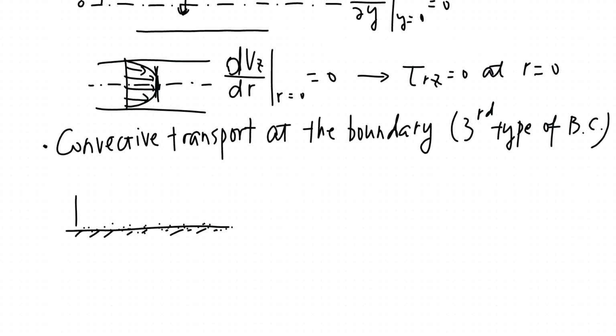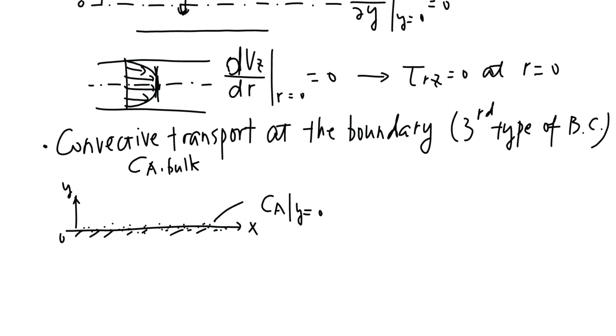Now this is x. This is y equal to 0. So you would have a concentration at y equal to 0. And you would also have a concentration which is at the bulk, C_A bulk. Bulk means it's away from the boundary.